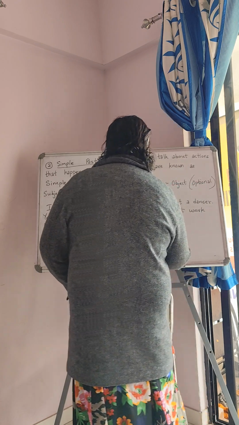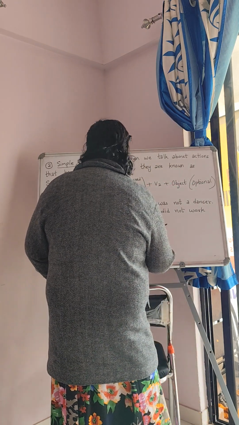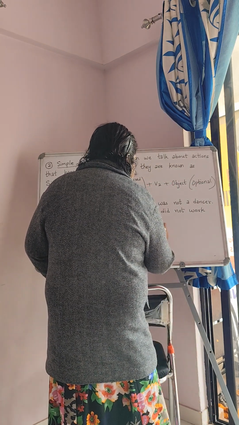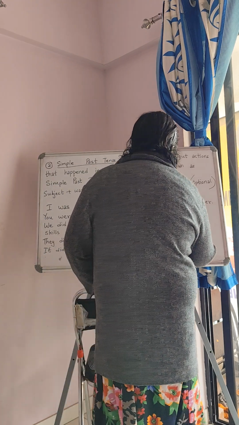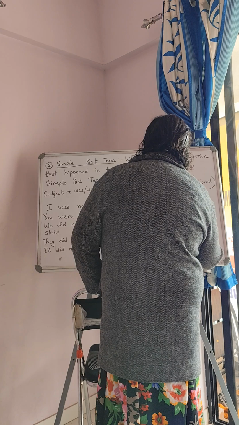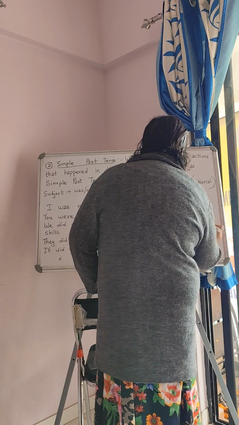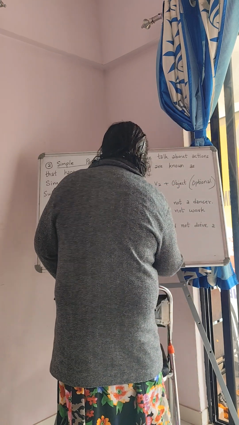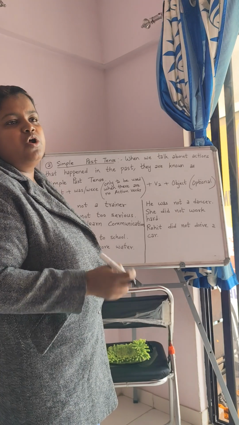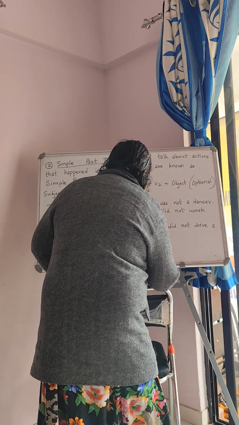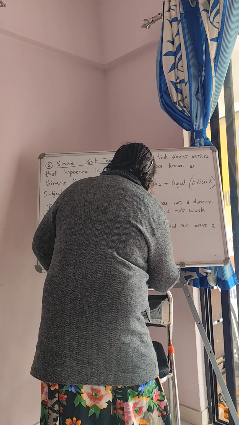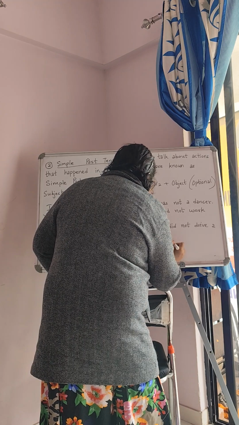Then we have Rohit. Rohit drove a car, right? Rohit did not drive a car. And finally, Rachel cooked amazing food. Rachel did not cook amazing food. That's it. And it needed more water.